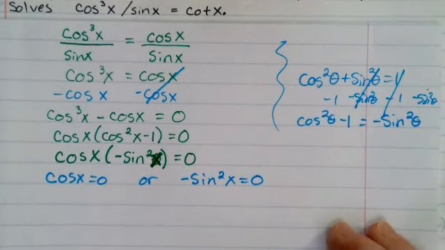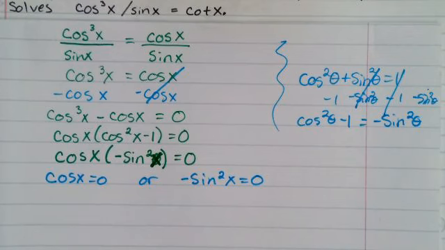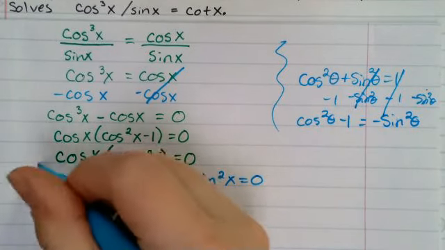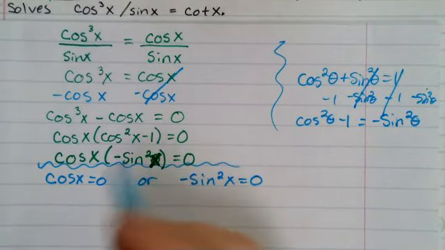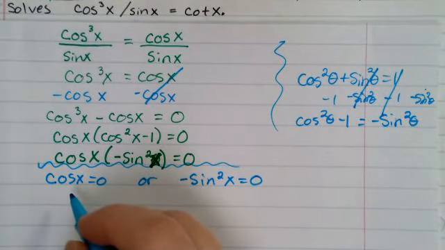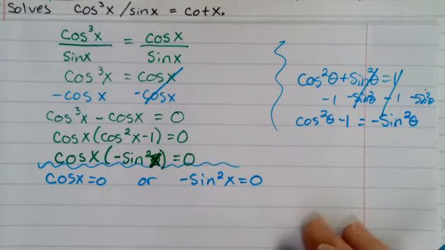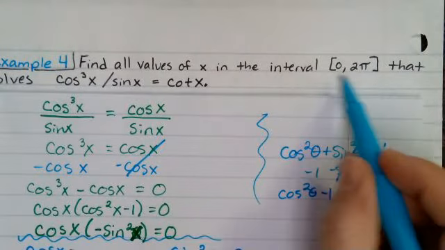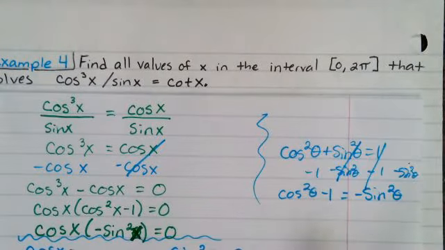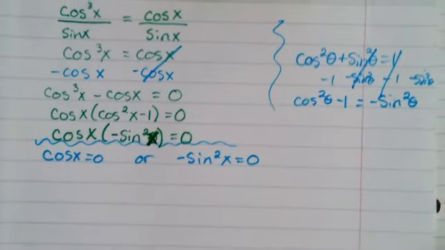All right, let's go through and see what we've got going on here. I'm going to solve each one of these. So for the first one, I'm thinking, where is cosine going to be equal to 0? And specifically, remember the question, they gave us an interval from 0 to 2 pi. So I'm only looking at the values on the unit circle.